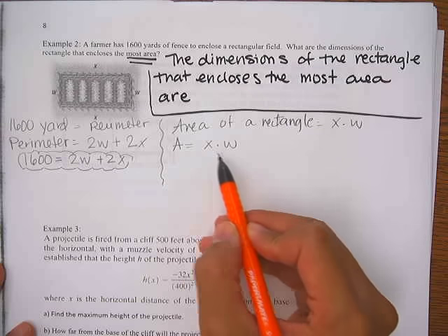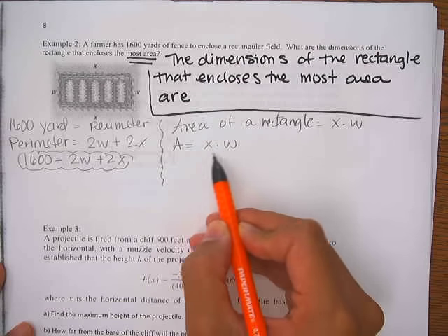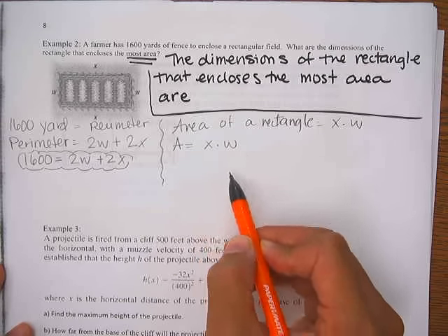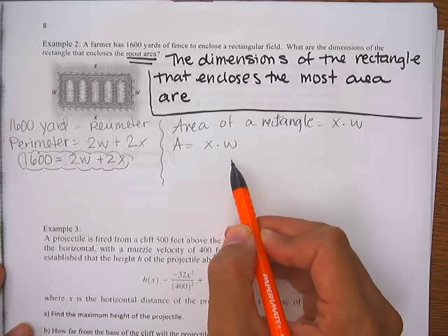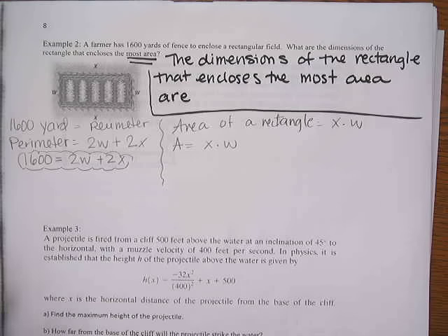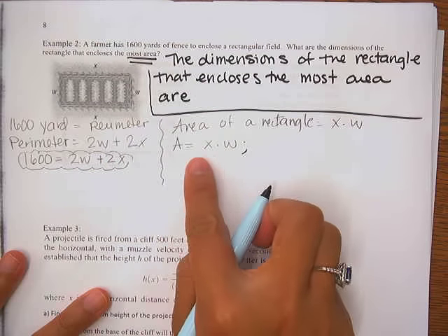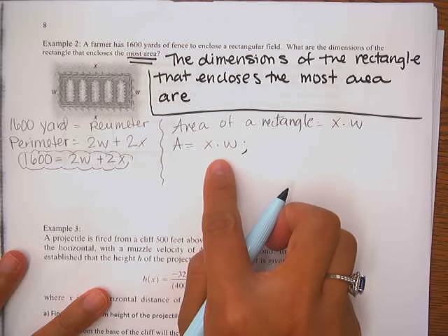Now, I can technically put it in my calculator and find my answer, but because this equation has two variables, you need to decide which variable you want to write the equation in terms of. Okay, so you can pick, and by the way, it doesn't really matter which one you pick. Because I have area equals two variables, x and w, you can't do that.